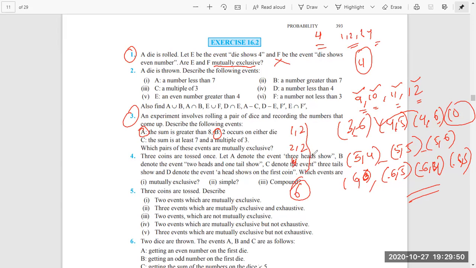You should not repeat 2 comma 2, since you have already written it. So there should be 5 events: 2 comma 1, 2 comma 3, 2 comma 4, 2 comma 5, 2 comma 6. So total 11 events.